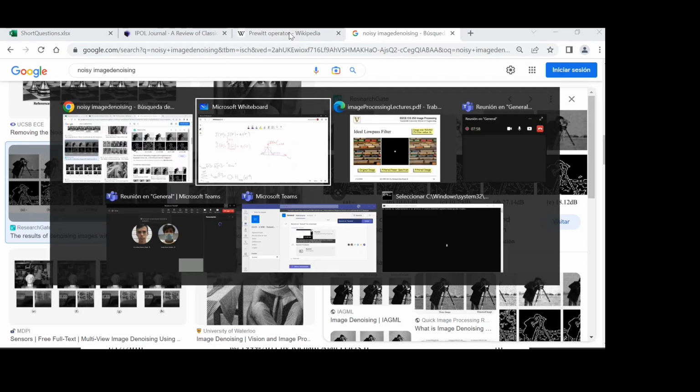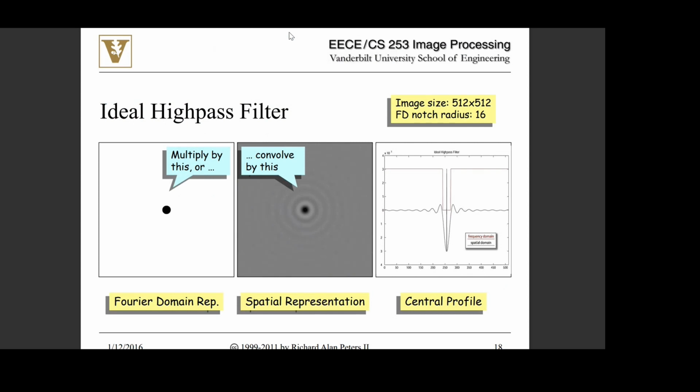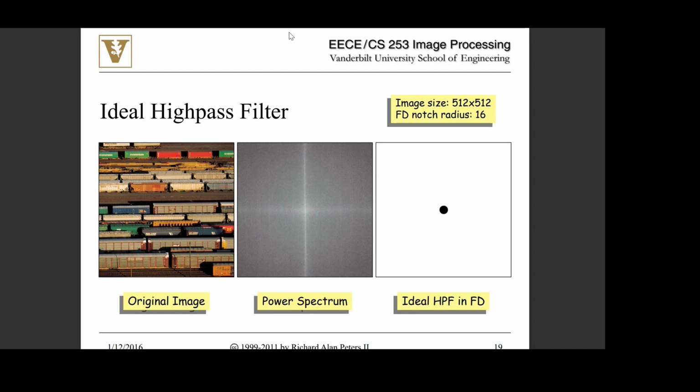Okay, so then we continue with the theory. Now we had high-pass filters, so we reasoned that the sum of all these values has to be 0, and then we can follow the same process, but now in the Fourier space. So you take the original image, compute the power spectrum, so compute the Fourier transform, then you design your filter in the Fourier space.